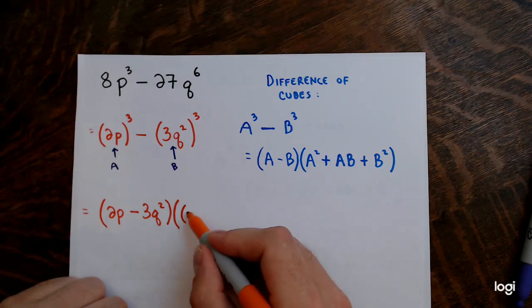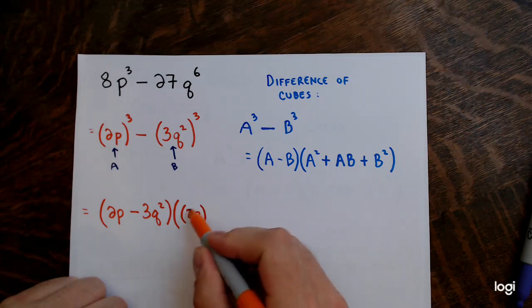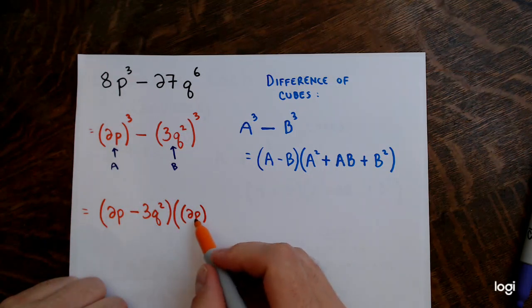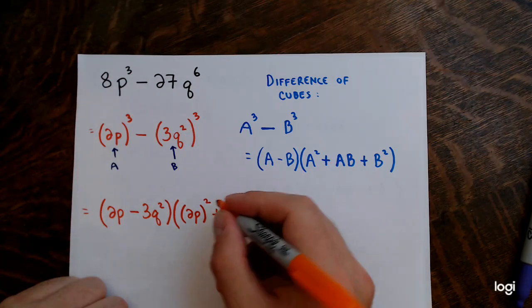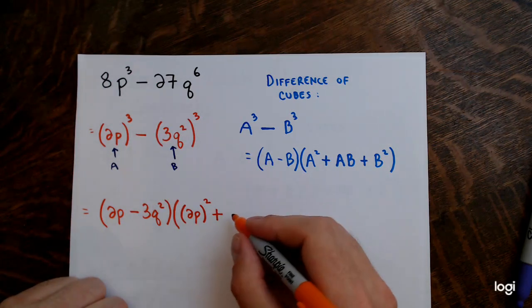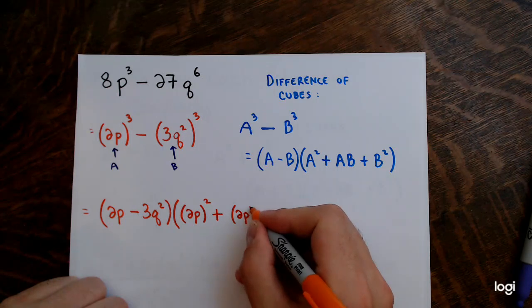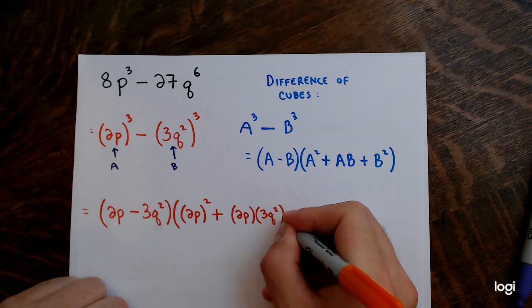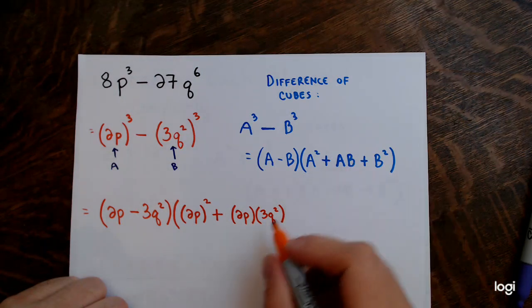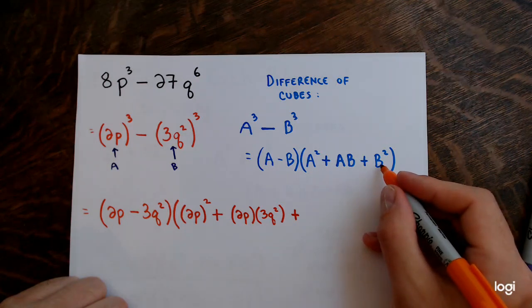So the 2p, that whole thing in parentheses, there's your capital A, 2p squared, plus, the opposite sign in the middle here, and then AB, A times B, so 2p times 3q squared, replacing the A with 2p and the B with 3q squared, and then plus again.